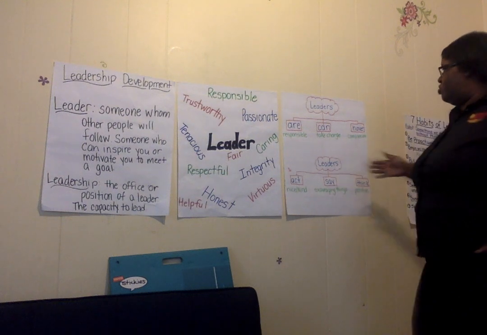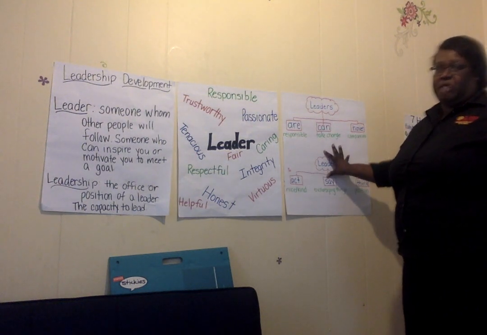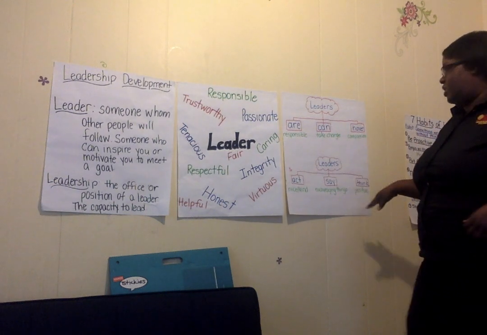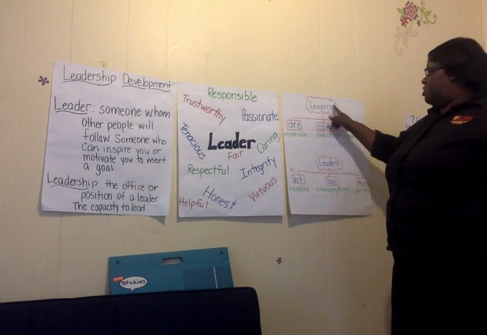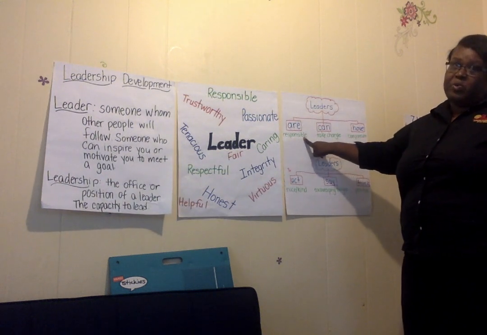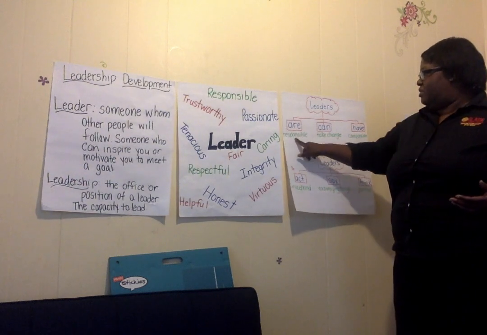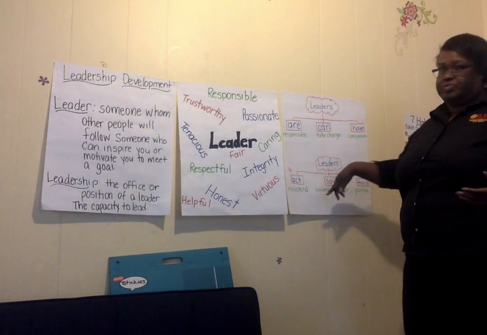So, what you're going to do is you're going to look at this chart, and you're going to create a chart, and I'm going to take a picture of this and put it in Google Classroom, and you're going to come up with different words. So I have an example. Leaders are responsible. So you will write down what other words do you think that leaders are under this list.